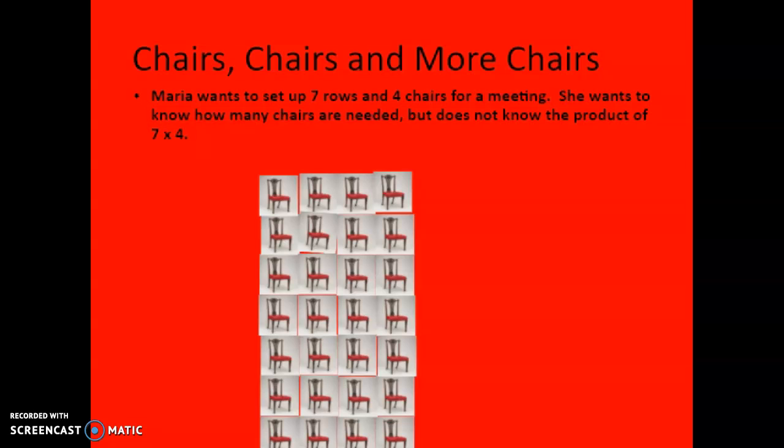All right, for this particular problem, it says that Maria wants to set up 7 rows of 4 chairs for a meeting. She wants to know how many chairs are needed, but does not know the product of 7 times 4. So this young lady does not know the basic multiplication fact of 7 times 4.